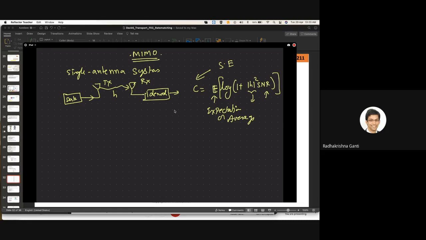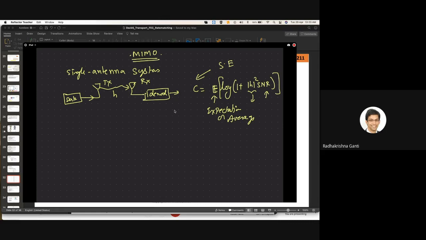But one thing that you can immediately see is if you increase your SNR, the increase in capacity is logarithmic. Effectively logarithmic. Agreed? You have to increase in dB scale to get a similar factor increase in the capacity.